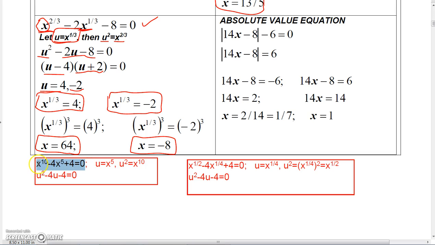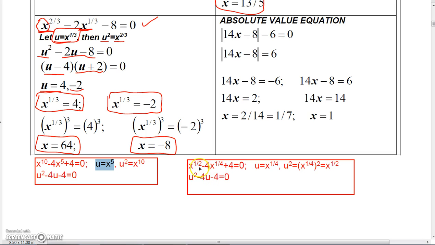Since x to the 10th is just x to the 5th squared, you could make the same type of substitution. Let u equal x to the 5th, and then u squared would equal x to the 10th. So that would become u squared minus 4u plus 4. And then you would solve for u, but when you're done, you have to remember that u is x to the 5th, then you'd have to solve for x.